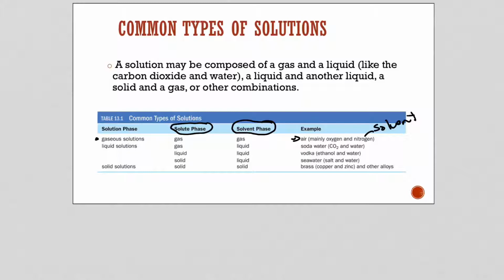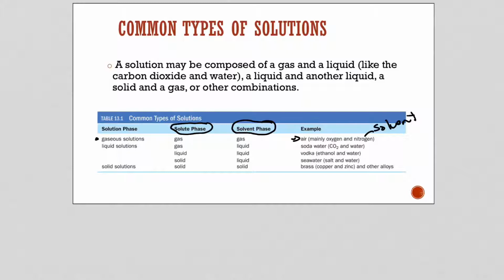We can have things like ethanol and water, which gives us all of the different alcohols that we drink. We have two liquids mixed together. And then we can have solids dissolved in liquid, of course. For example, seawater, where we have things like sodium chloride and other ionic compounds dissolved in the water, or sugar in water, another common example here. So these are the most common forms of solutions.